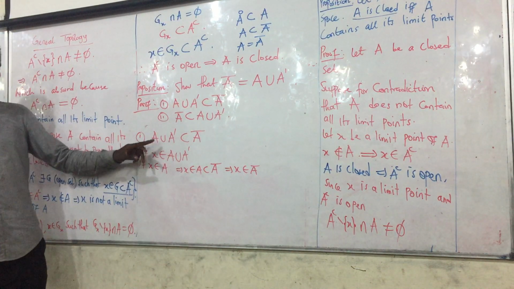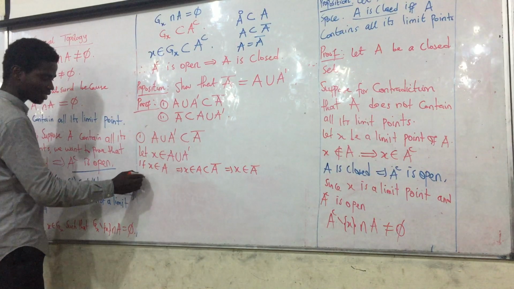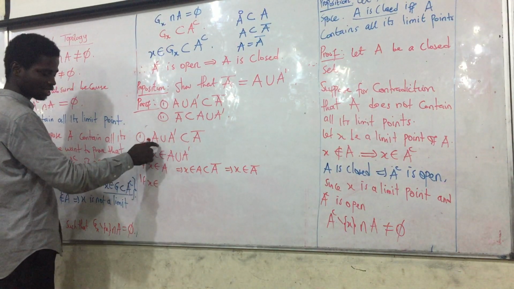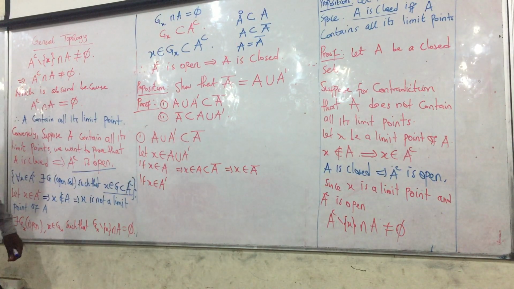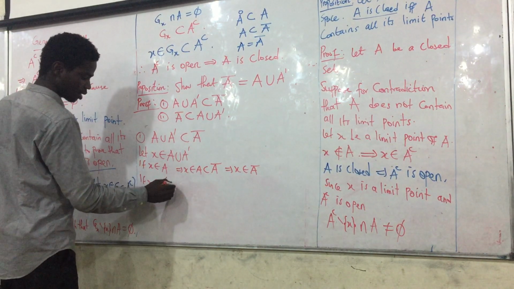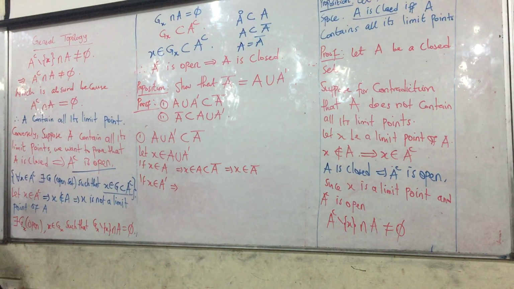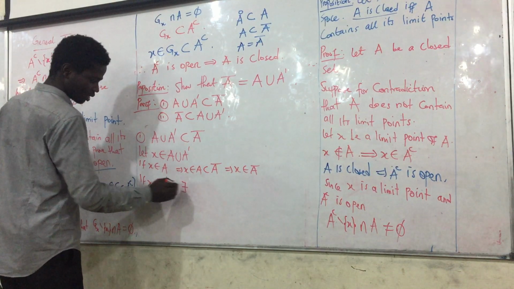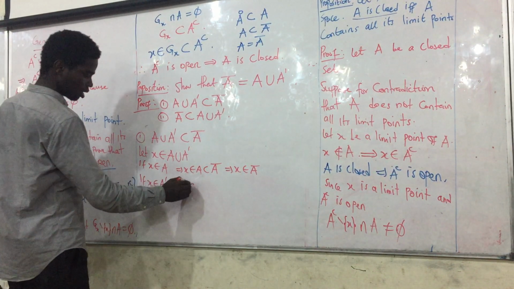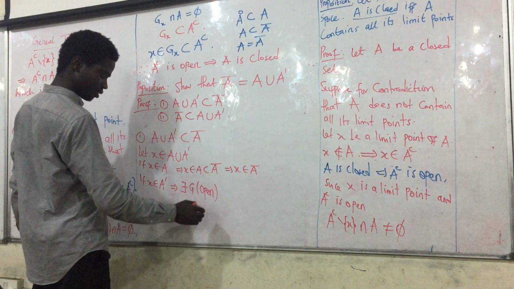Now, if S is not in A but it's inside this one, let's say S is in the derived set, it's a limit point. What does that mean? If S belongs to the derived set, from the definition of limit point, what does that mean? It means that there is an open set G containing S, right?